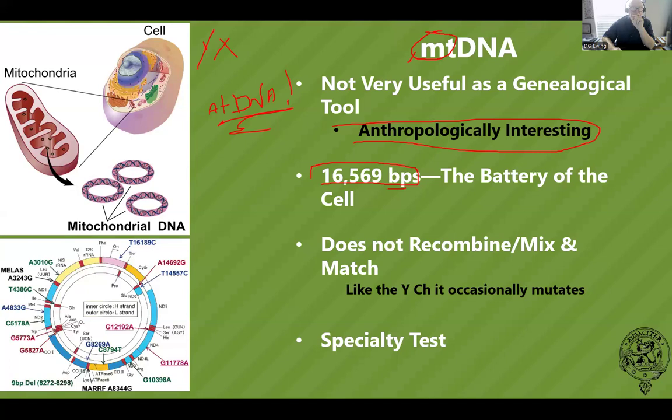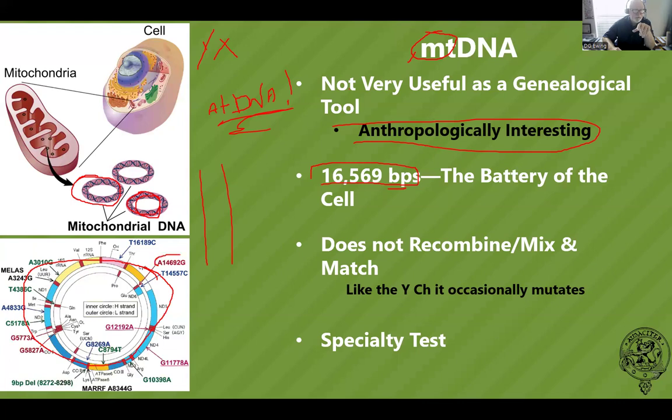This DNA is indeed in a circle, unlike the chromosomes, which are linear, non-circular. The mitochondrial is literally in a circle, and many times the results are given in a circle.